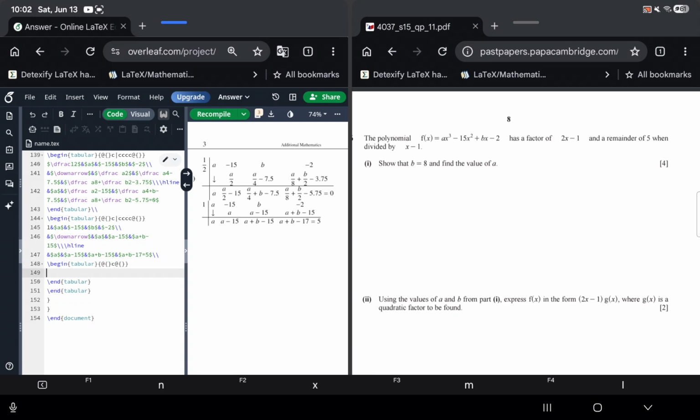So this would be a plus 4b is equal to 5.75 times 8 is equal to 46, and a plus b is equal to 5 plus 17, which is 22. Nice. If we subtract these two, we get a value.